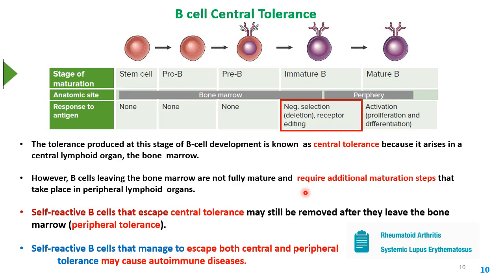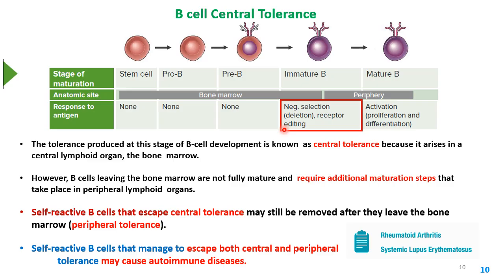After the B cell comes out of the bone marrow, it has to go through some extra maturation steps so that it does not attack self. Mainly, that happens at the spleen.